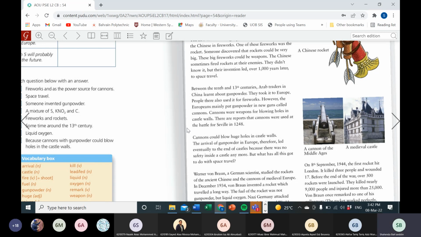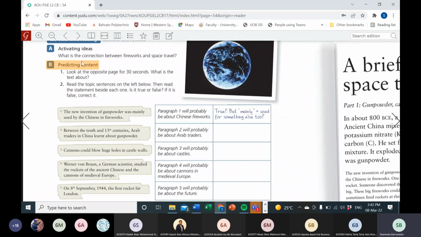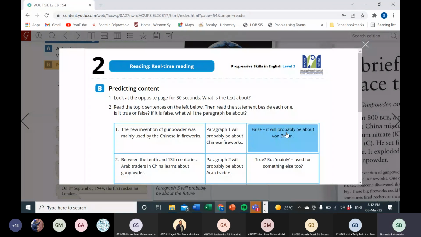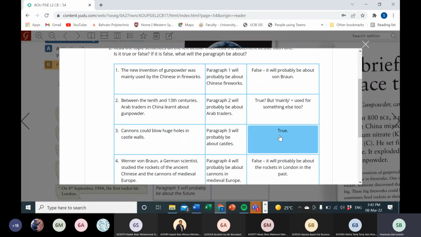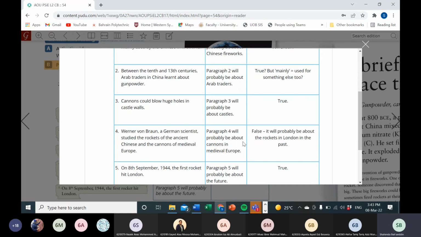So let us go back to the question. It is true. Yes, it is true. Sorry for this, I just got messed up while moving through. It is about huge holes in castle walls and the relation between castles and space travel. So this is my mistake.